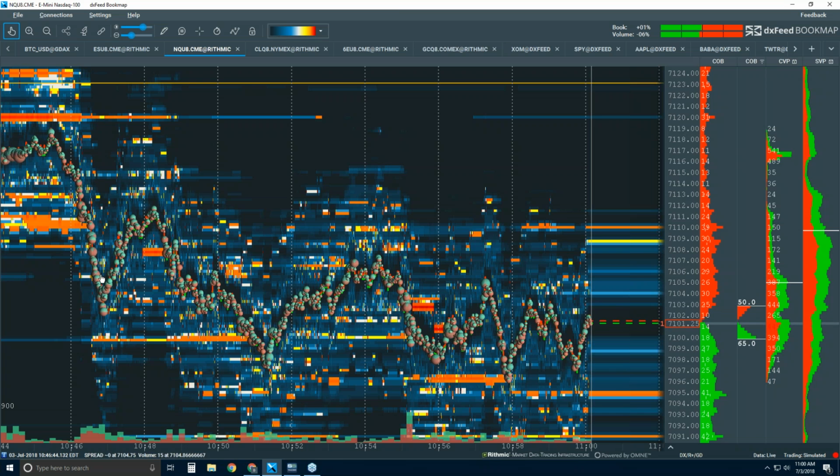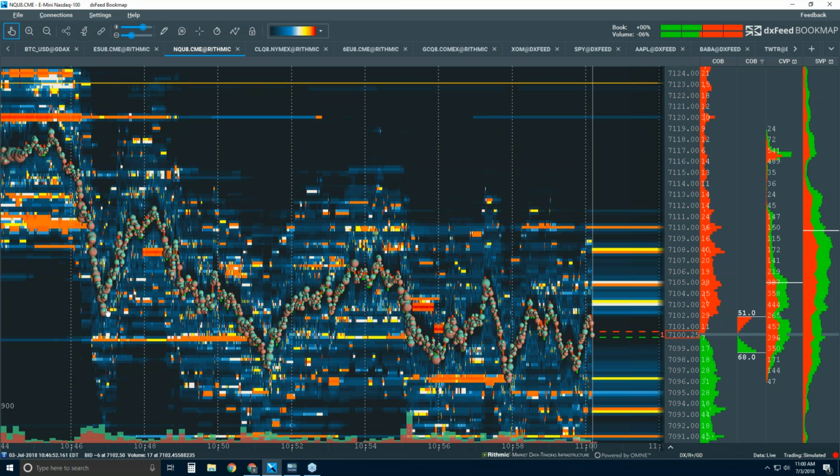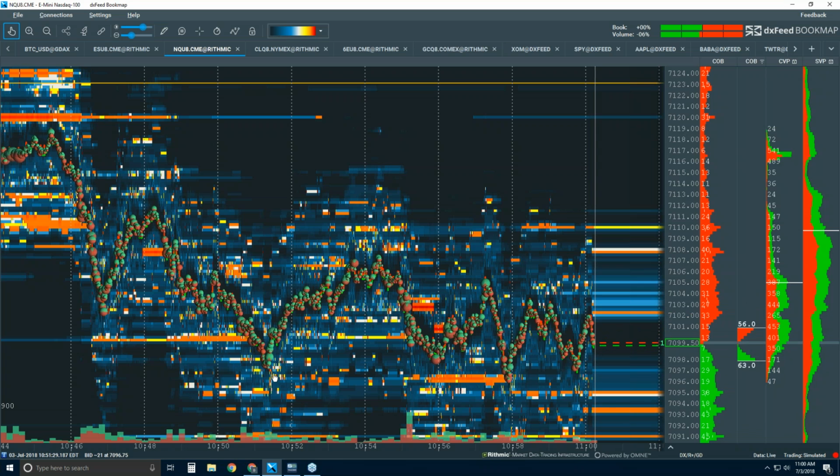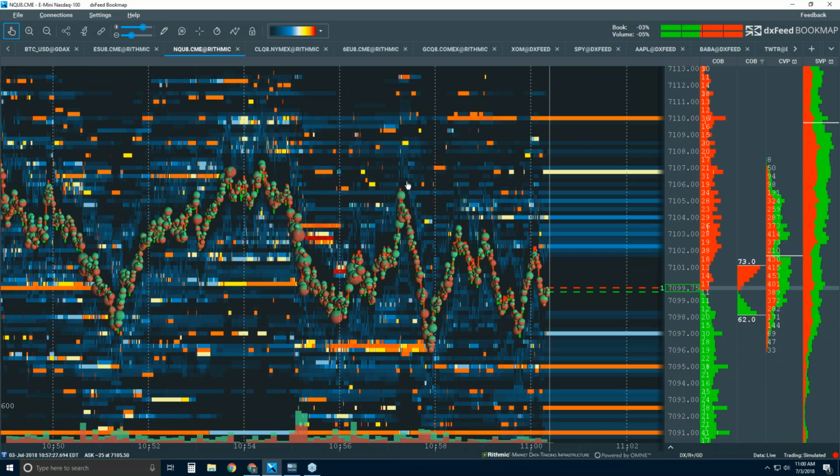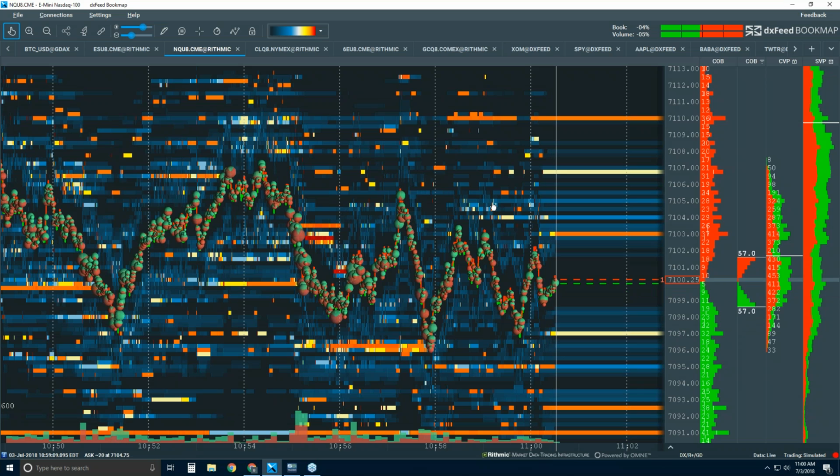Aggressively since the open we've been making lower lows, but here we made a slightly lower low, right? So starting to note that, and starting to note our swings back here as well, a pretty deep pullback. So maybe we're starting to see the potential here for reversal.